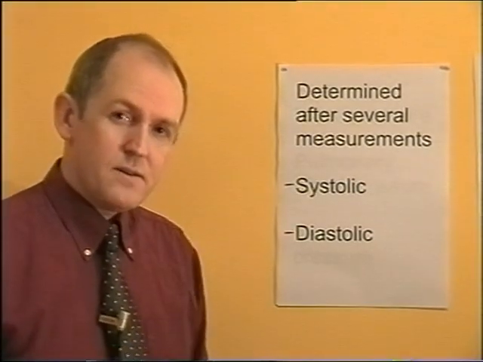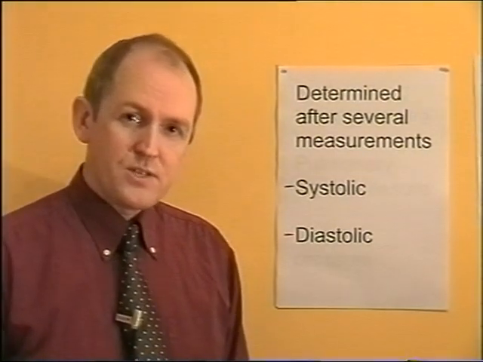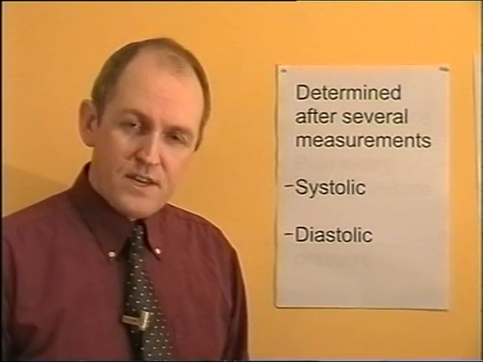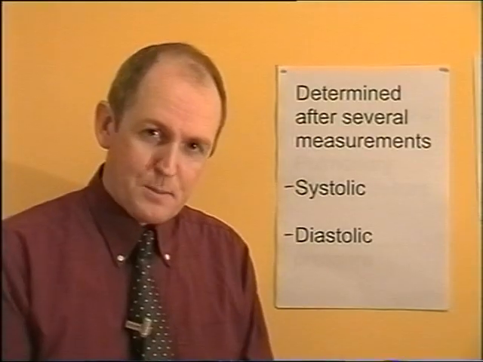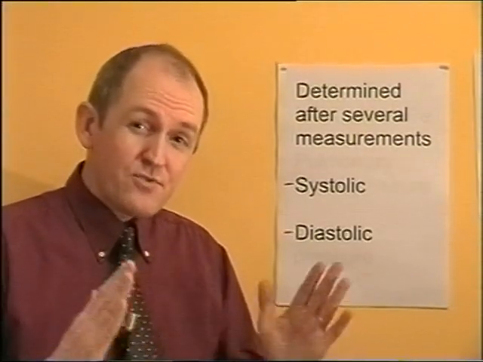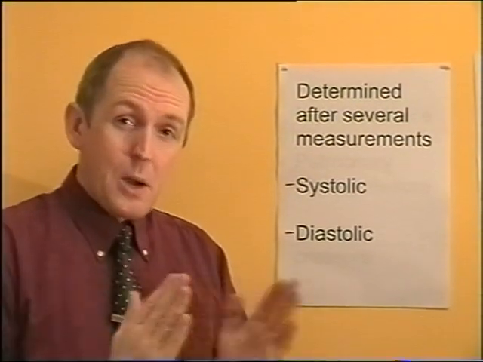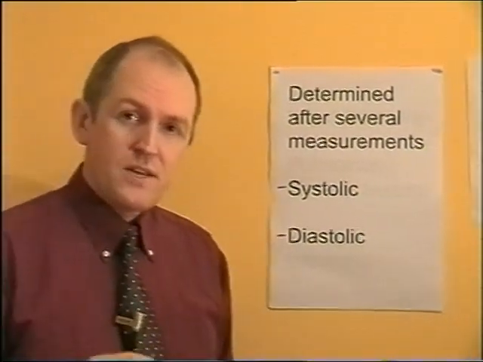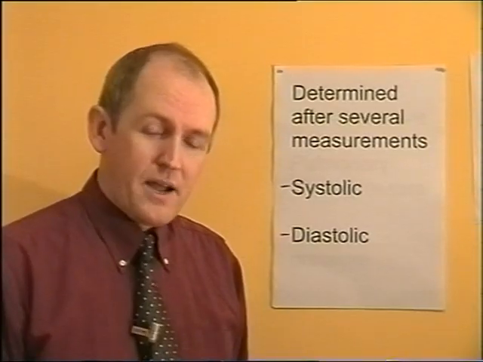Systolic blood pressure is the pressure in the arterial system when the ventricles of the heart are actually contracting. So when the ventricles of the heart are actually contracting, pushing out the blood, generating the blood pressure, the pressure in the arterial system will be higher.